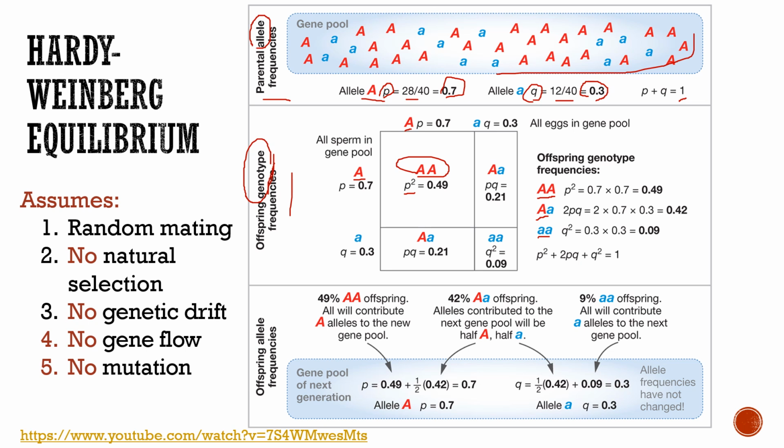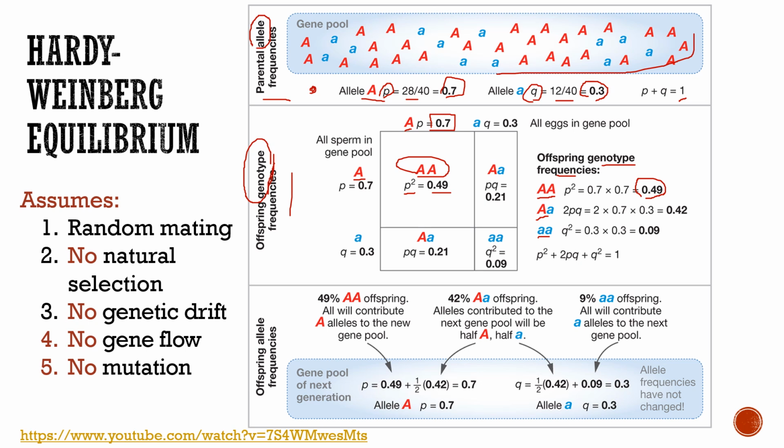From our information up here, P is 0.7. If we take 0.7 and square that, 0.7 times 0.7, that gives us 0.49. So the genotype frequency of the homozygous dominant trait is 0.49 or 49%.